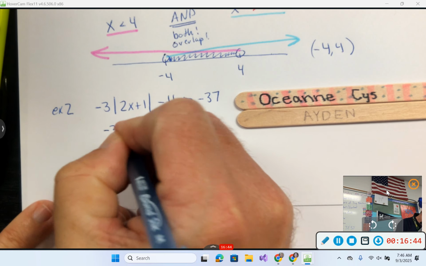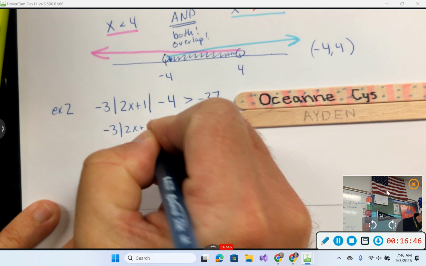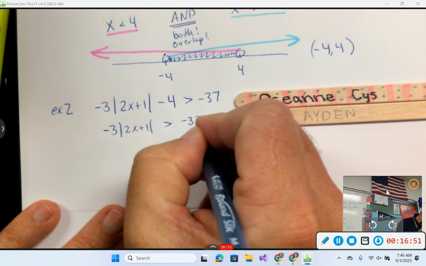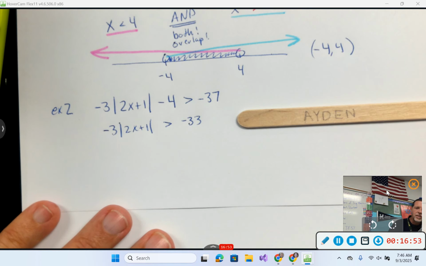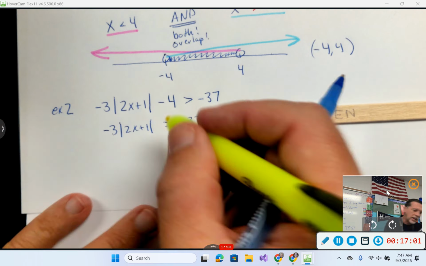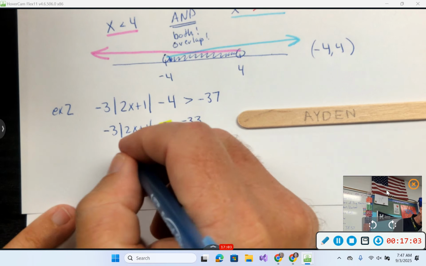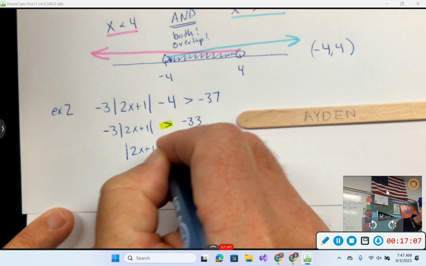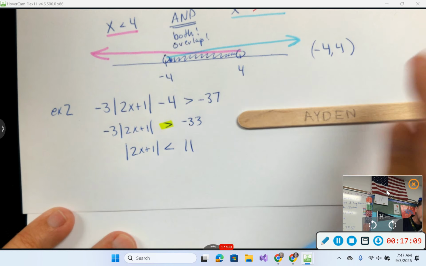So, negative 3, absolute value, 2x plus 1, greater than negative 33. Aiden, what would you like to do next? And when I divide by negative 3, it flips the inequality. So, absolute value of 2x plus 1 is now less than positive 11.